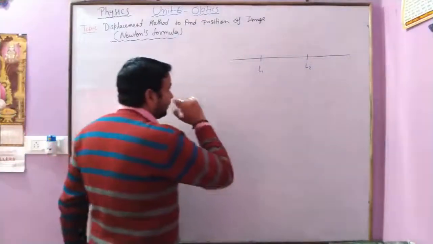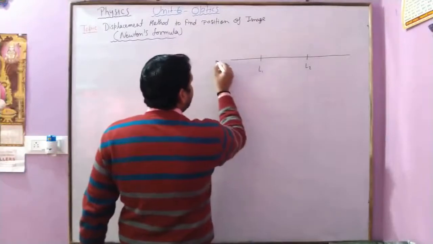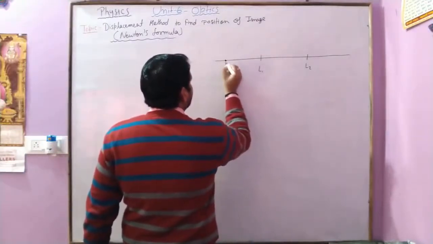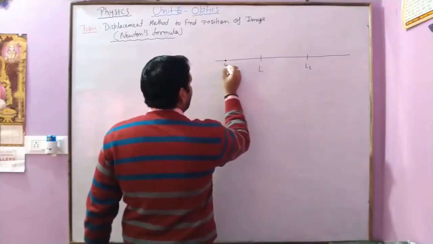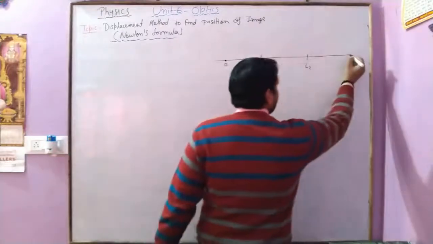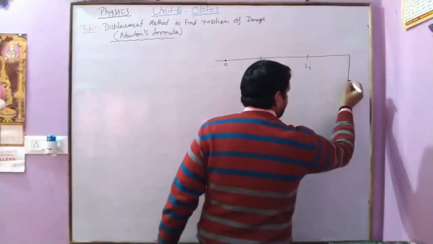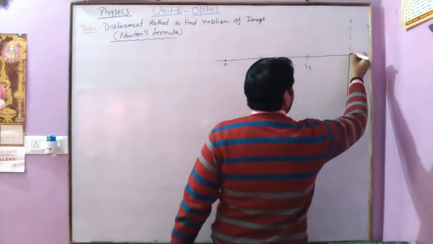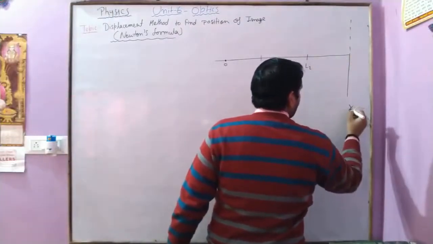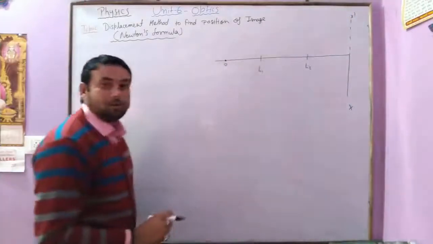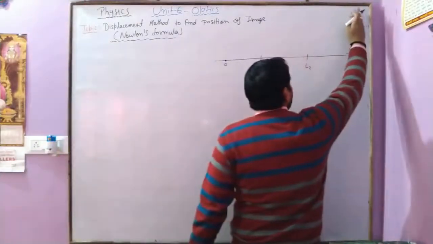Therefore, let an object be placed in front of the lens, let's say at O, and this is the screen.